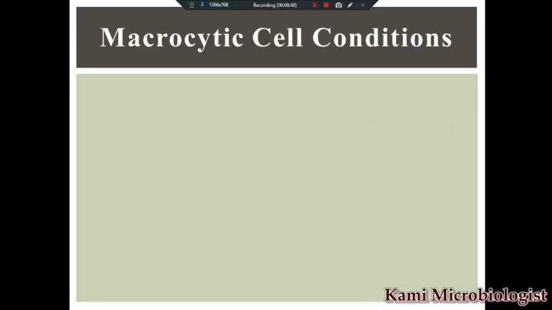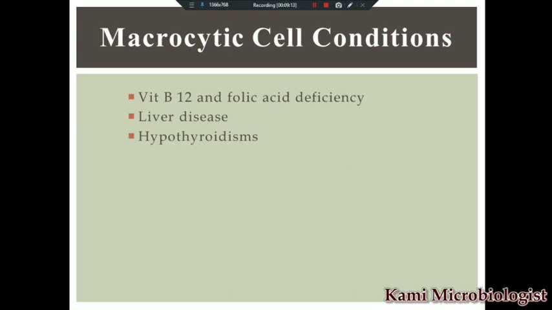Then we have macrocytic cell conditions, meaning in which conditions the cells become larger. The first is vitamin B12 and folic acid deficiency. Due to vitamin B12 and folic acid deficiency, the cells become larger in size. Liver disease is also another cause. Hypothyroidism, meaning low level of hormone in the thyroid gland.